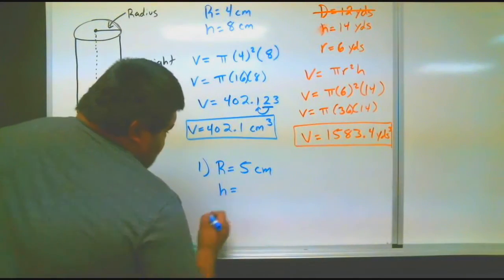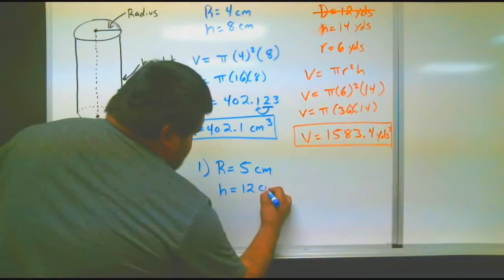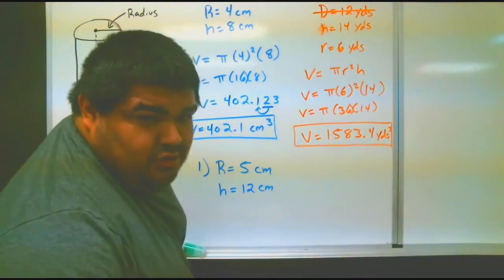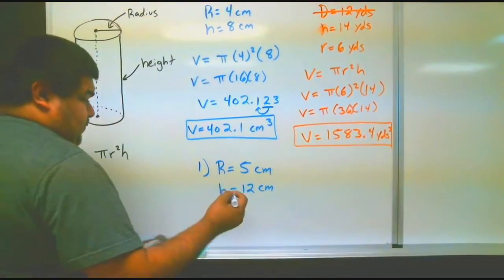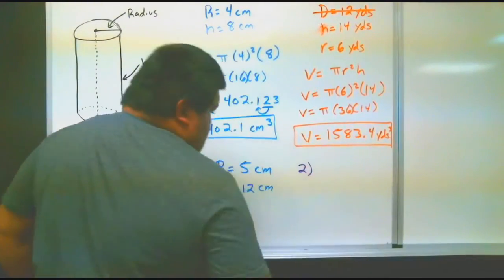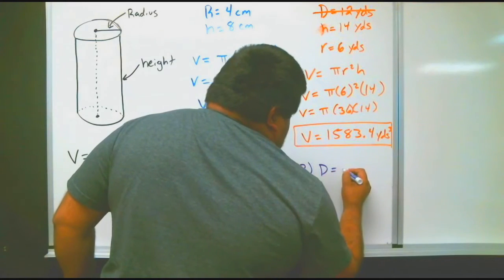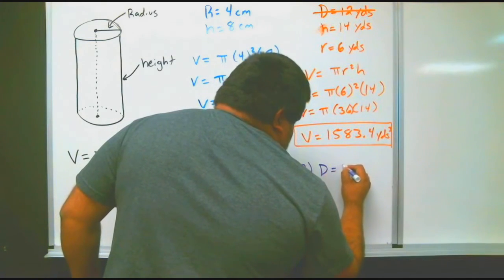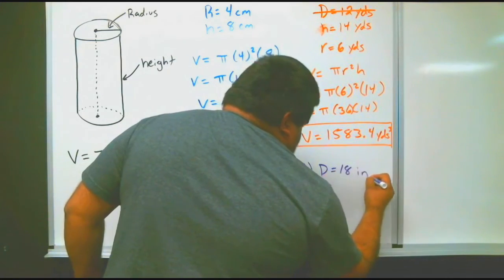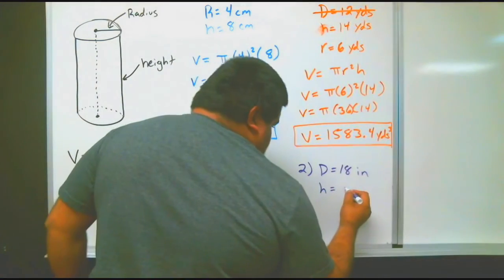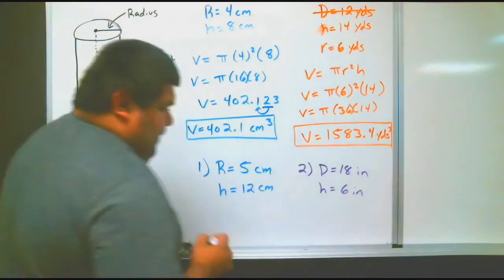Your height is 12 centimeters. Number 2, you have a diameter of 18 inches and a height of 6 inches.